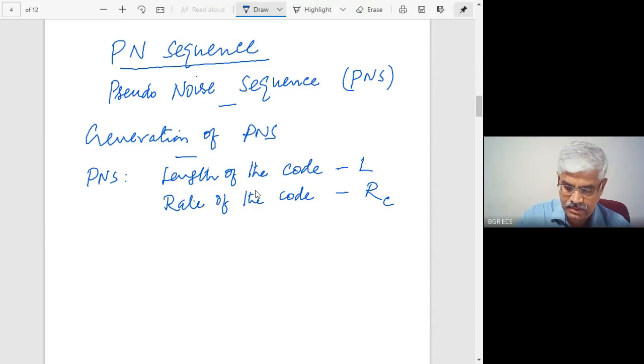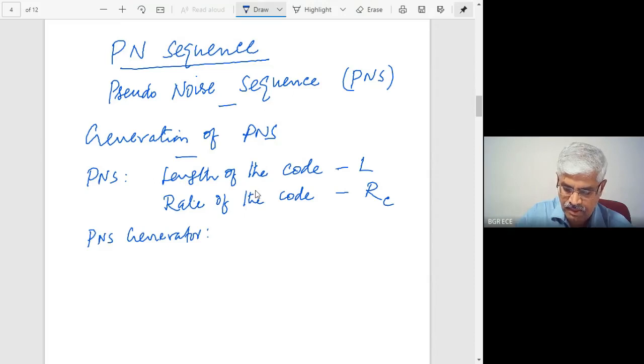So this means that we have to generate this code, the ones and zeros, for which you require a shift register, and the shift register has to be operated using a clock, and the clock frequency has to be RC. So let us first try to give a PNS generator circuit and then try to understand.